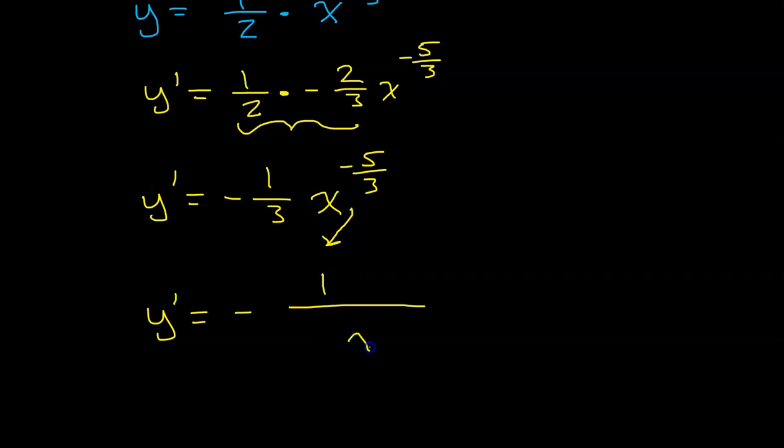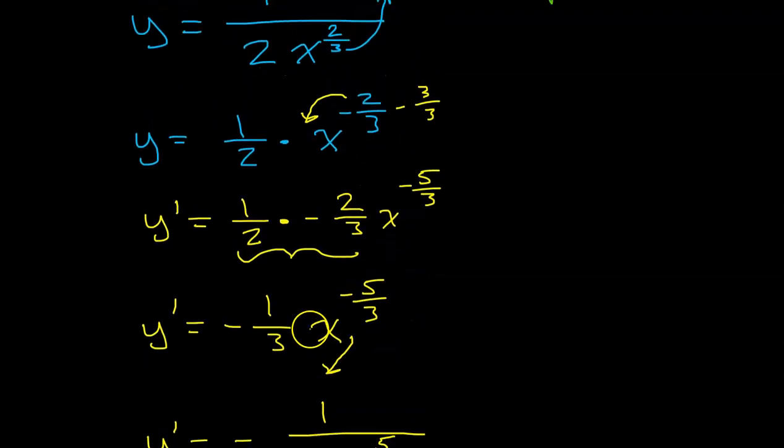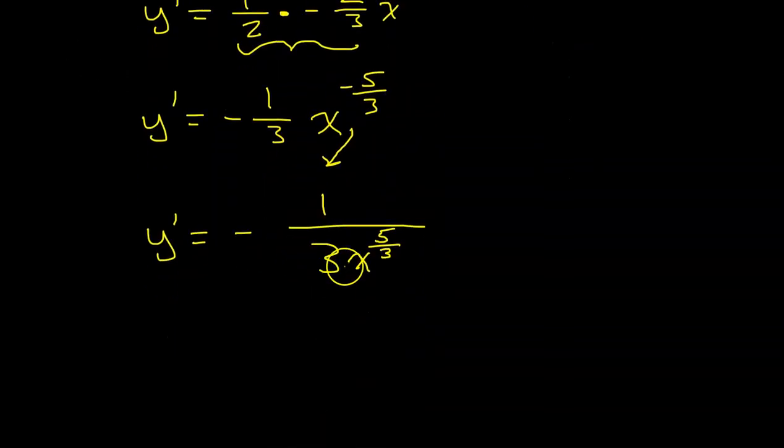Okay, so here's my x to the 5/3 power, and there's the 3. All right, now in the beginning, we did not have any fractional exponents. We had a root. So for the final answer, let's turn this back into a root.